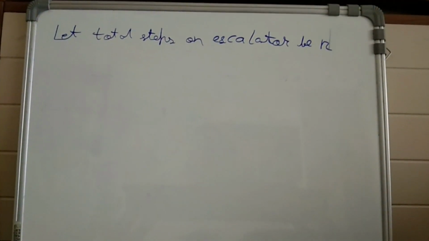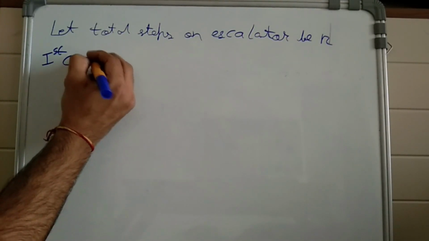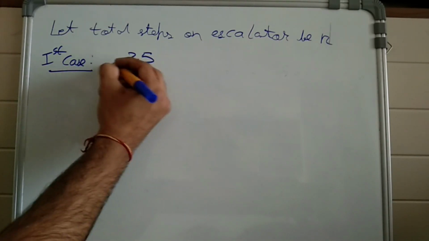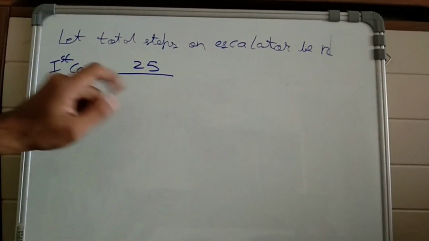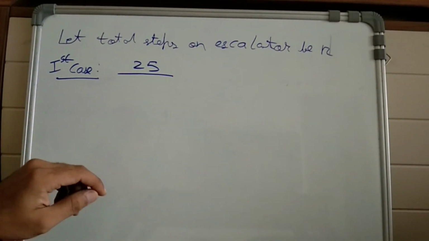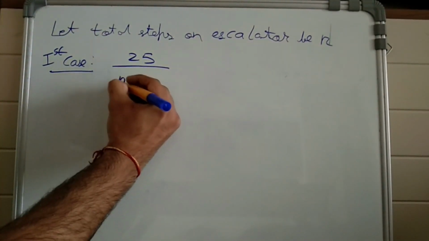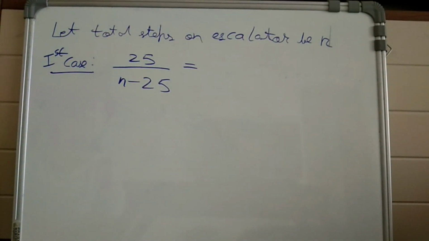Okay, so for the first case, what we have to do is take the ratios. 25 is the steps taken by Raj, and the remaining steps will be taken by the escalator. So total minus 25, that is n minus 25.